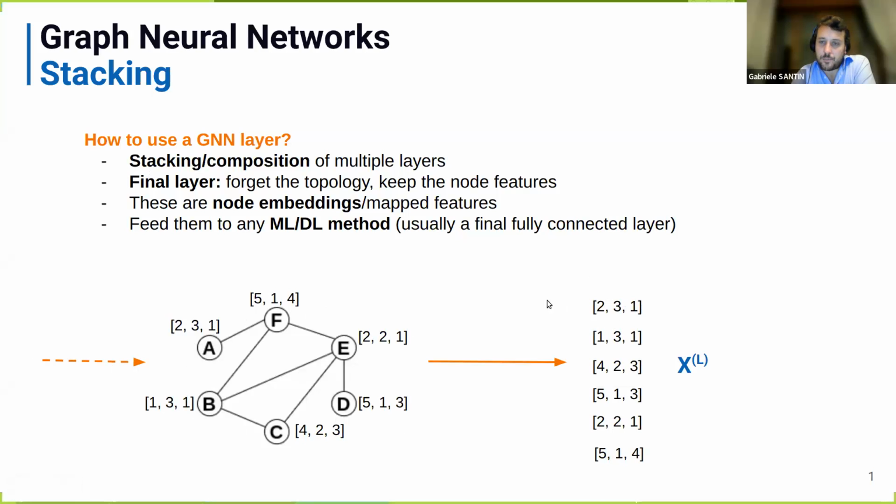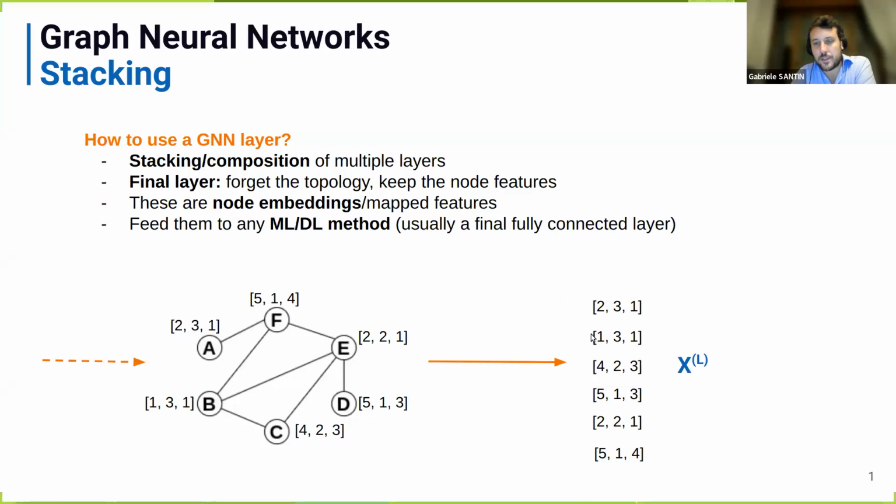And this vectorial representation, if we do everything properly, will be encoding two things. The first one is the initial set of features of the graph. And the second one is the topological structure, because every one of these feature vectors is obtained by a repeated aggregation over neighborhoods, okay?